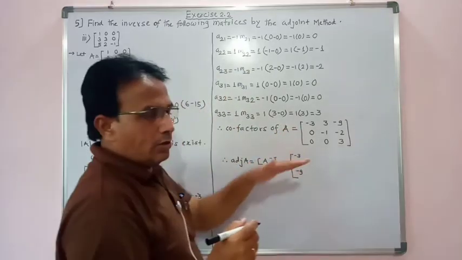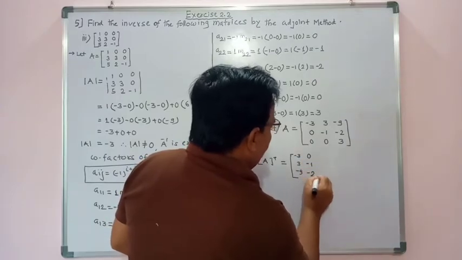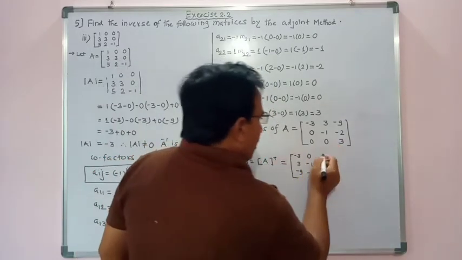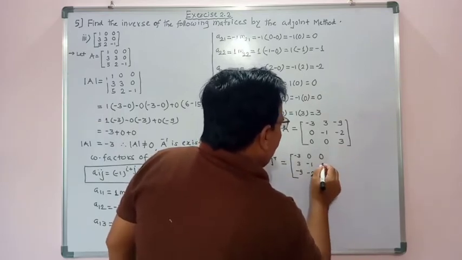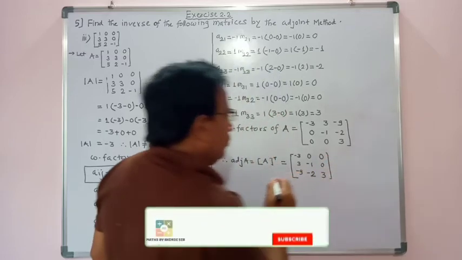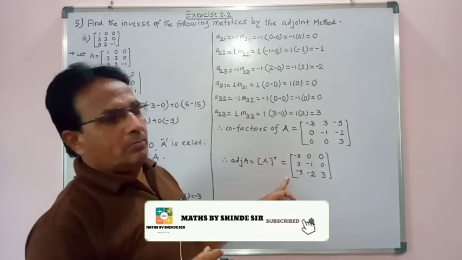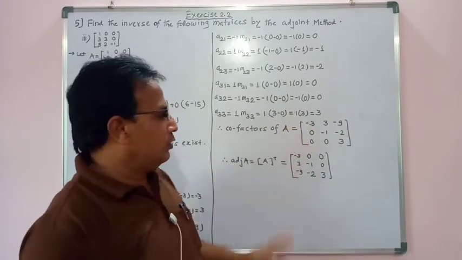The second row becomes the second column: 0, minus 1, minus 2. The third row becomes the third column.